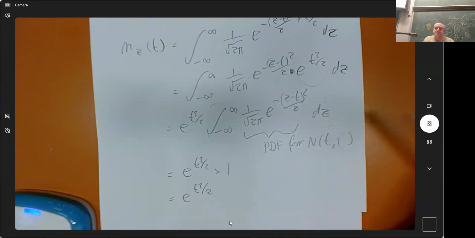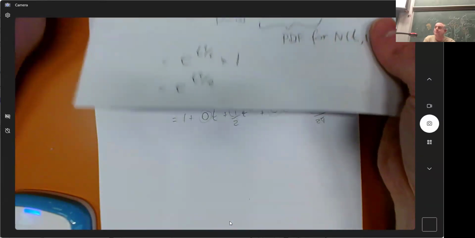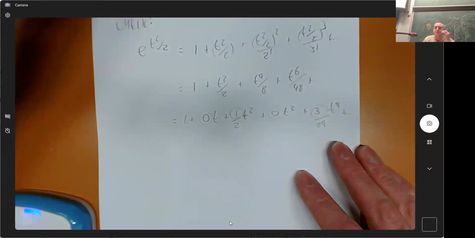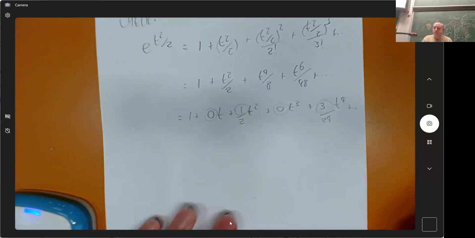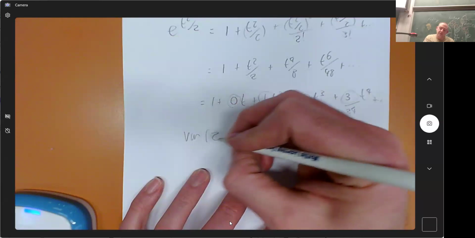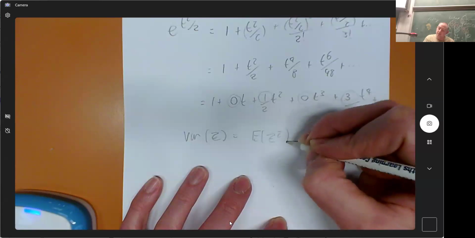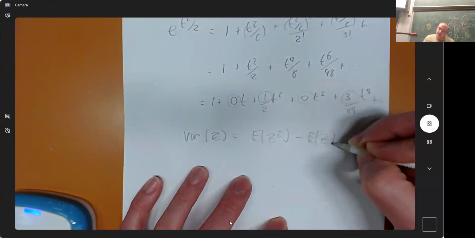And my other question was, isn't the variance between the square of the b minus that one? So the variance of z or y or whatever will be the expected value of z squared minus the expected value of z, then squared.